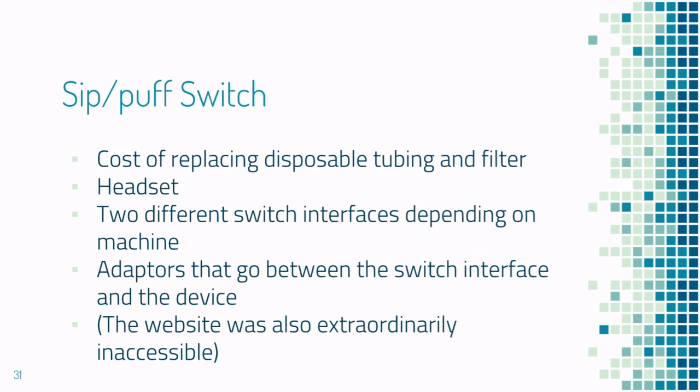You've got a headset that has to hold the tube in place. You have a USB-based interface that translates the other switch, the one that hooks up to the filter, and tells your computer what's going on. You have the switch that actually deals with the puffing and the blowing. And then you have an adapter that will have to go between the USB and your tablet or the USB and your phone.